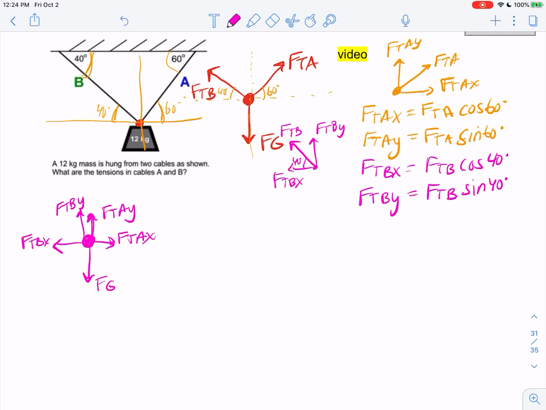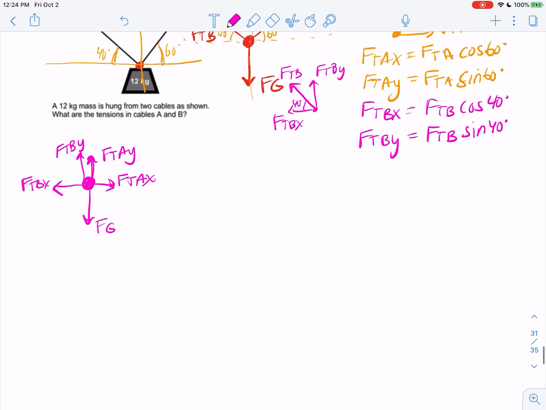We're just trying to solve it, and then it'll all come out in the wash in the end. So let's start with the x direction. The sum of the forces in the x is 0. FTAX minus FTBX equals 0, so those are going to be equal.